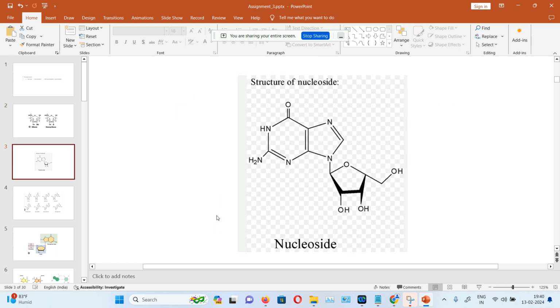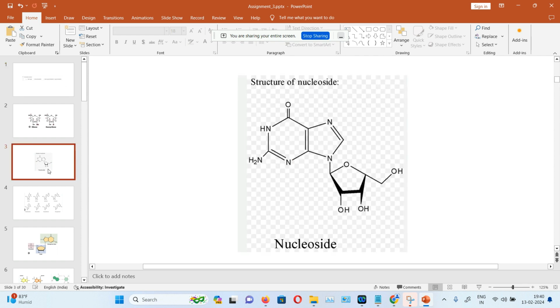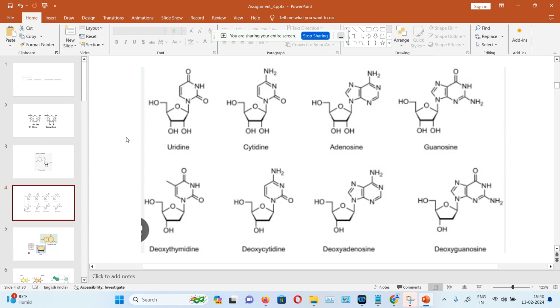And this ribose sugar or deoxyribose sugar plus a particular nitrogen base is called a nucleoside. So the answer will be base and sugar, that becomes a nucleoside. These are different types of nucleosides: uridine, cytidine, adenosine, guanosine.